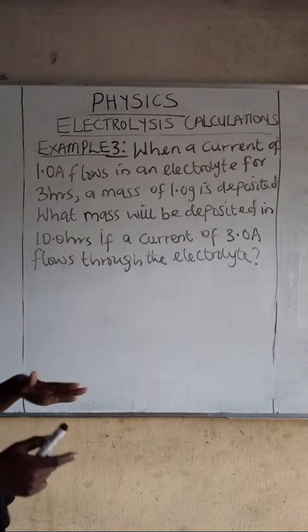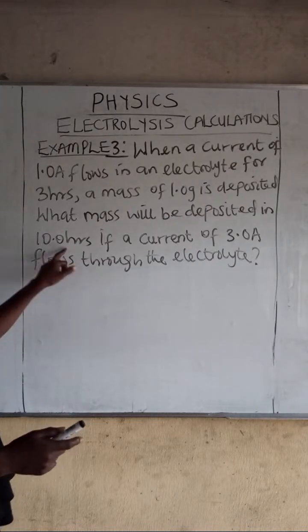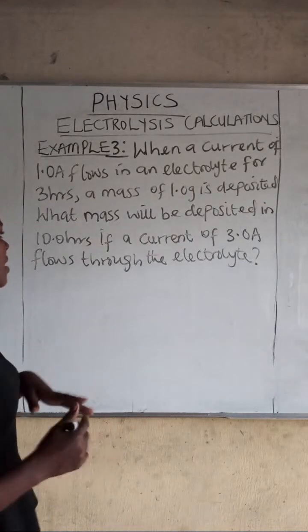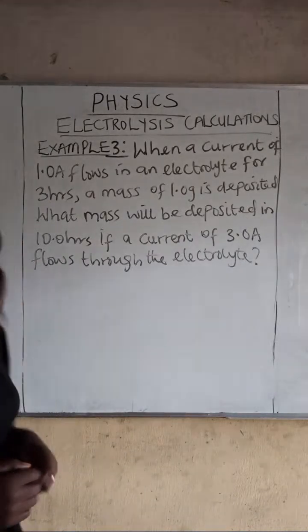What mass will be deposited in 10.0 hours if a current of 3.0 amperes flows through the electrolyte? Hope you get the question.